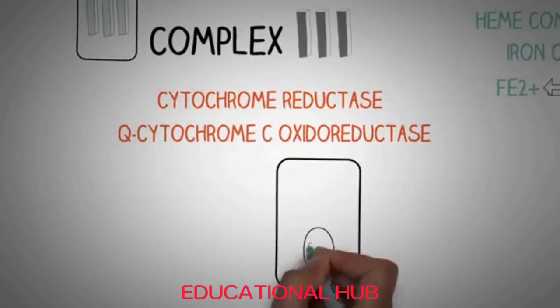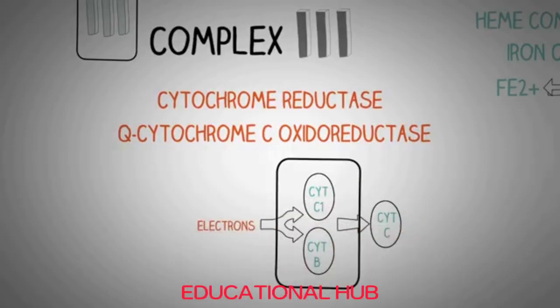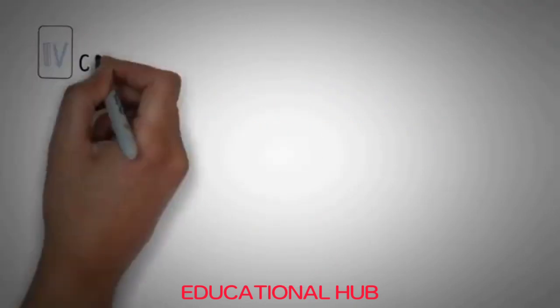The complex 3 contains 3 types of cytochromes: the cytochrome B, cytochrome C1 and cytochrome C. The main job of the complex 3 is to accept electrons from the electron transport chain and then transport them to the cytochrome C. The cytochrome C then transports these electrons to the complex 4 of the electron transport chain.